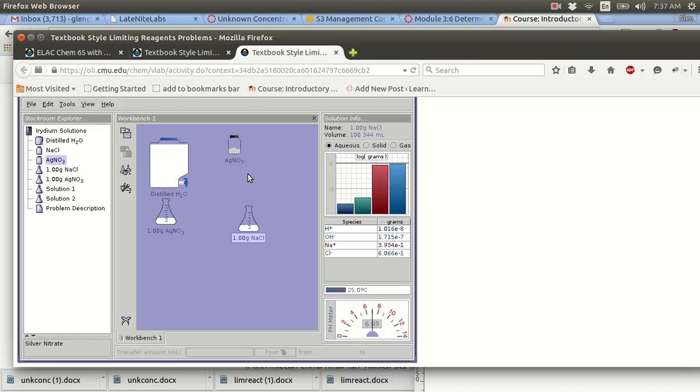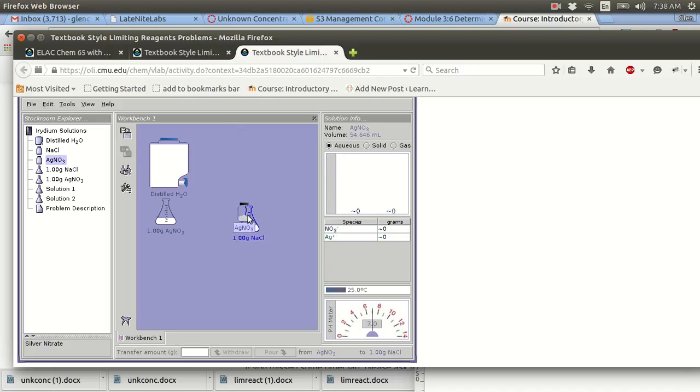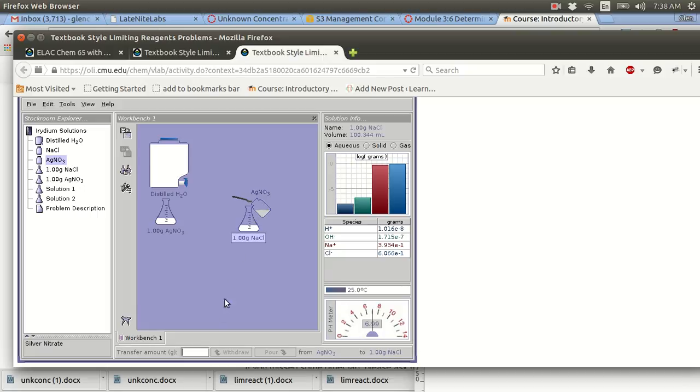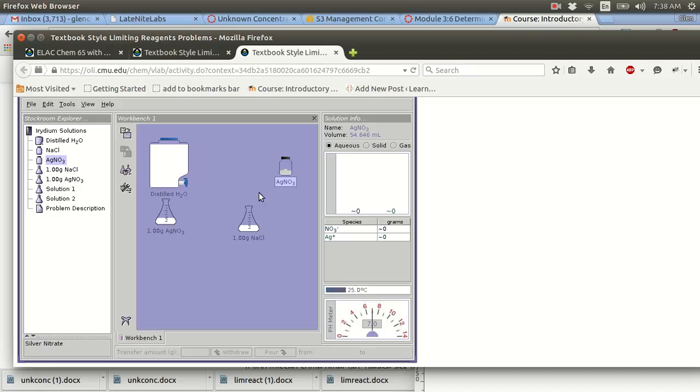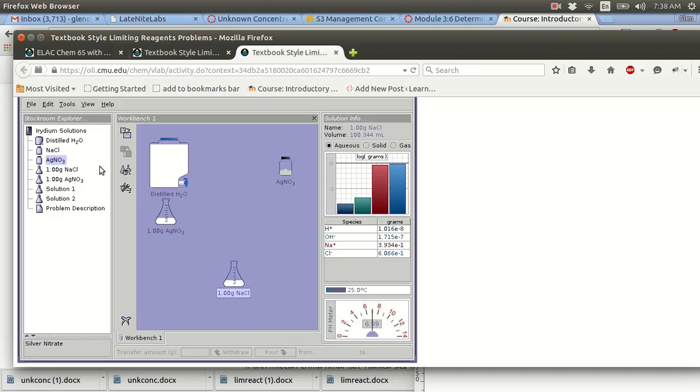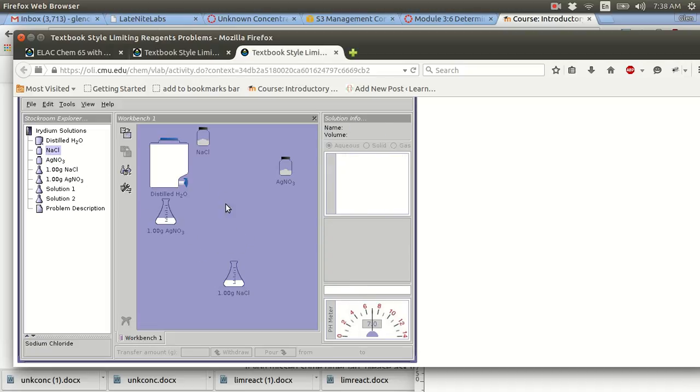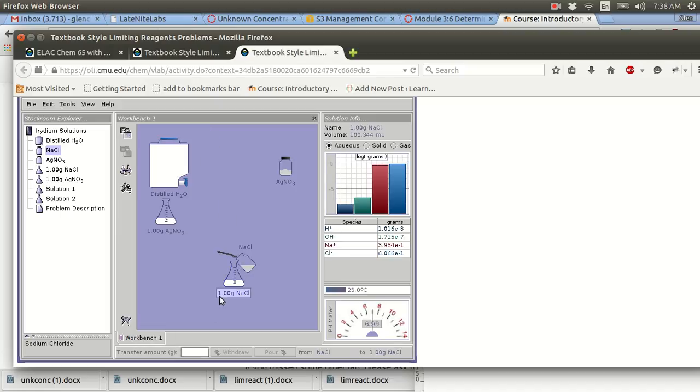Okay, we take the sodium chloride and we take the silver nitrate, and you will start adding here by putting a number right there. Okay, now I don't want to do this lab for you, so instead of using 1 gram of sodium chloride, I'm going to use some other amount. This portion you do not do.